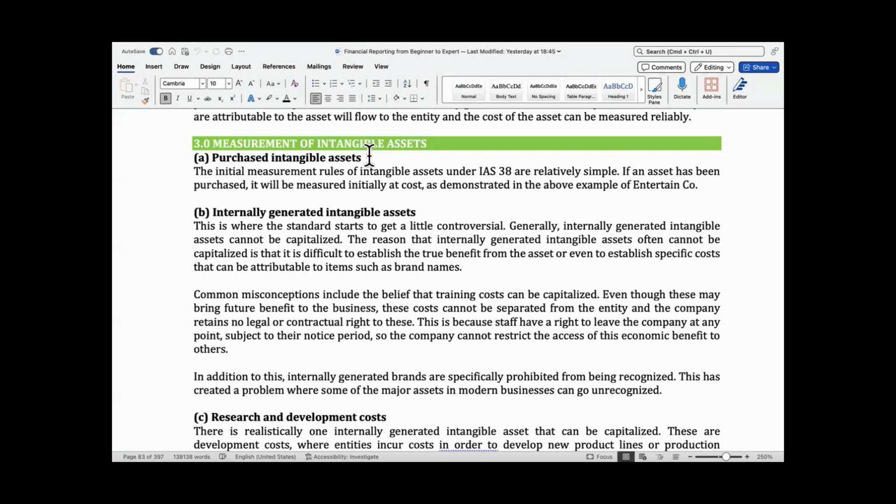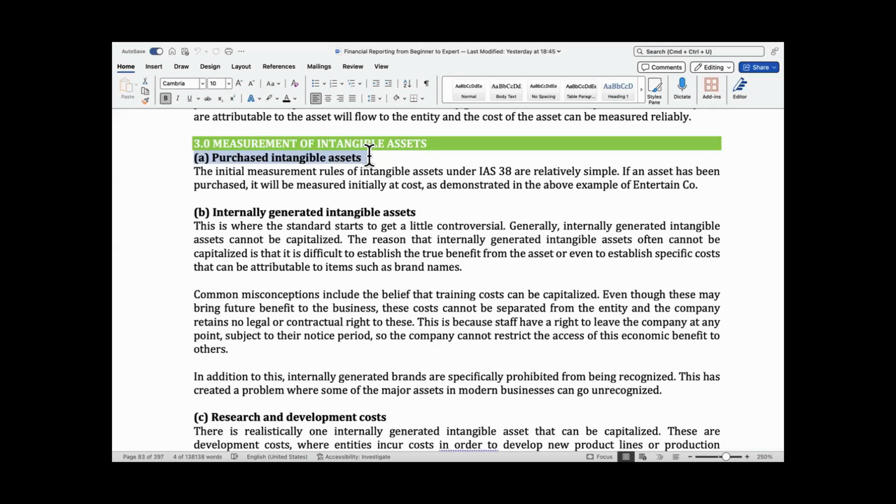And the very first and obvious one is a purchased intangible asset. Like you purchase a software or you purchase a franchise or you purchase a license. Those are purchased intangible assets, those that you can buy.